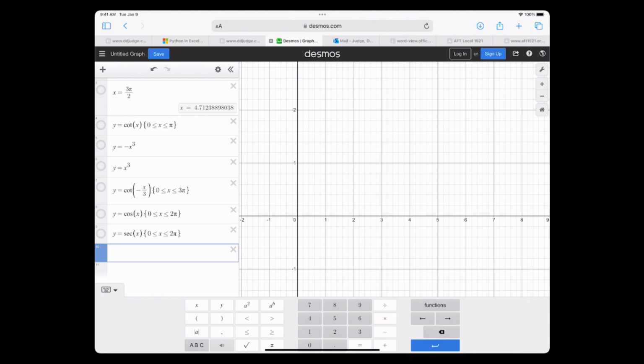You might say, where does that graph of cosecant come from?